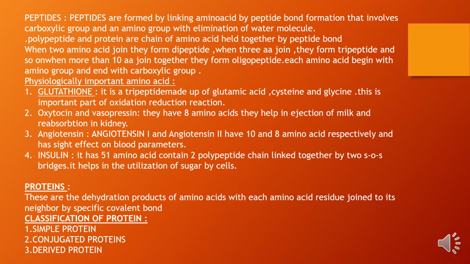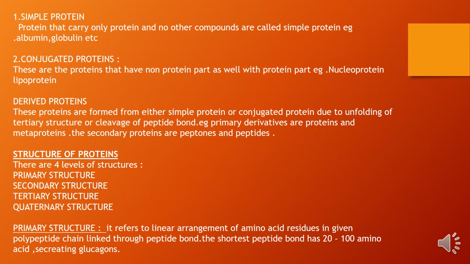Proteins are the dehydration products of amino acids, with each amino acid residue joined to its neighbor by a specific covalent bond. Classification of proteins: one is simple protein, another is conjugated protein, and third is derived protein. Simple proteins are proteins that contain only protein and no other compounds, for example albumin and globulin.